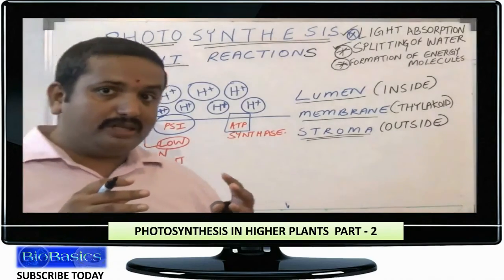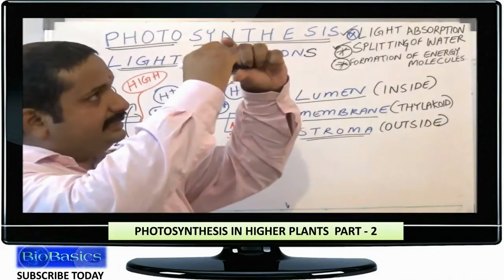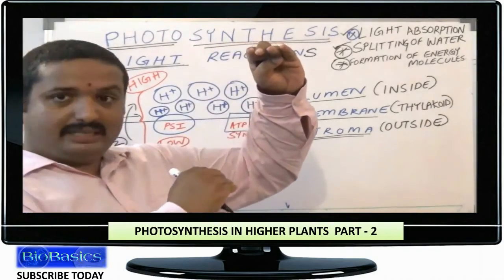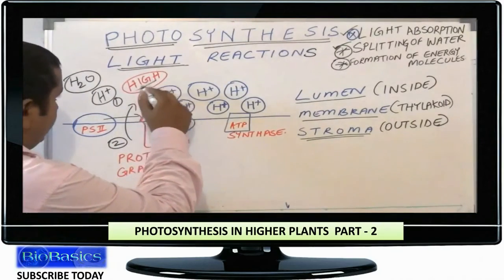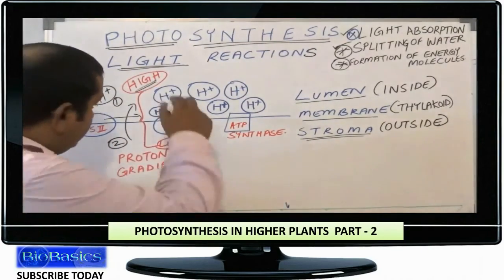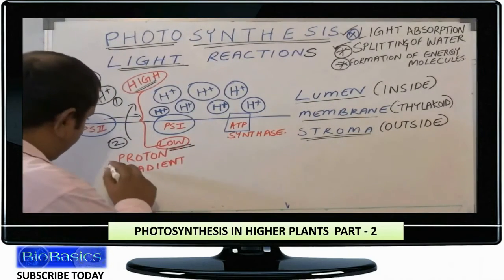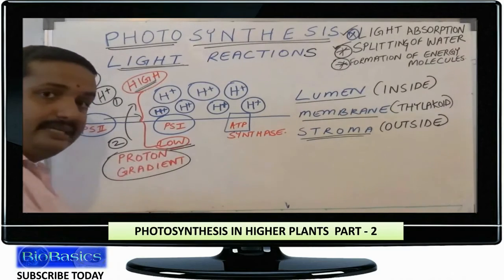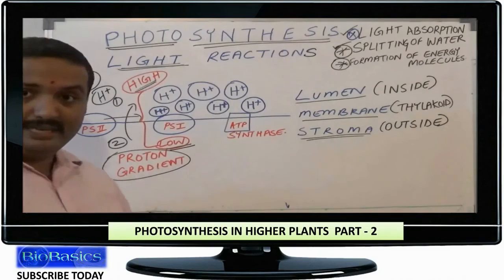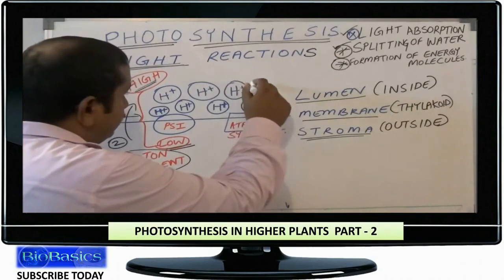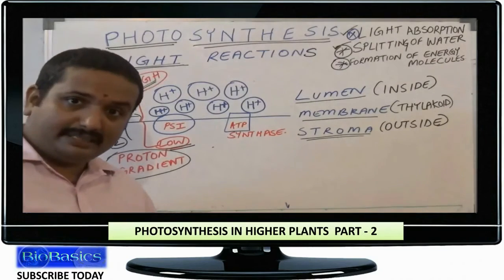What is meant by a proton gradient? You would have seen different colors. Some colors are intense, and as you go down, the gradient of the color decreases. Like that, the concentration of protons is very high here, and as you go down, the concentration of protons is low, and you call this a proton gradient. There is a very high concentration of protons here and a very low concentration of protons here.